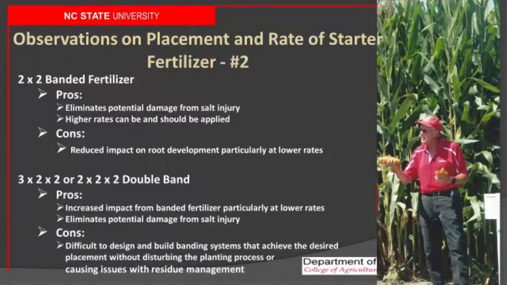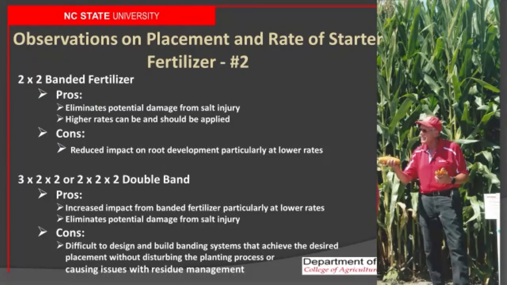If I look at Carl Crozier's studies where he did not get a response from a starter fertilizer, every single one, he put 10 gallons in a 2x2 band. It's clearly not enough. You're going to get uneven and disappointing results at times, and other times it'll work like a champ. It's just not enough in the 2x2 band.